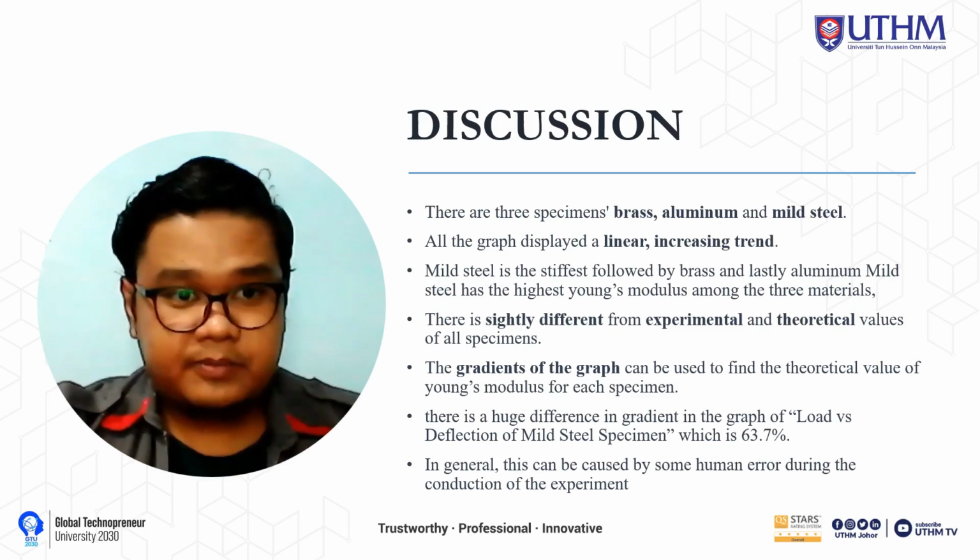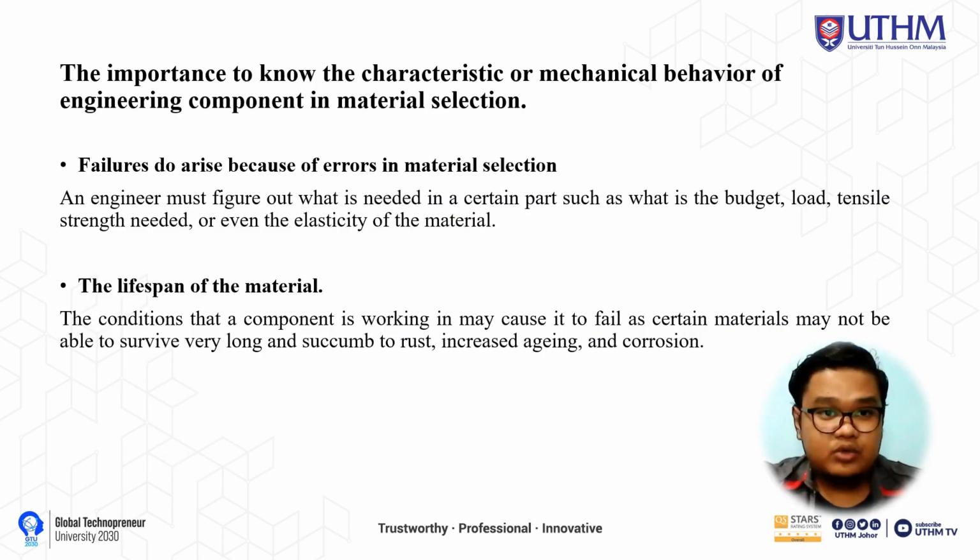at the highest load. It is important to know the characteristics of mechanical behavior of engineering components in material selection. First, failure does arise because of error in material selection. An engineer must figure out what is needed in a certain part, such as what is in the budget, the load, the tensile strength needed, or even the elasticity of the material.